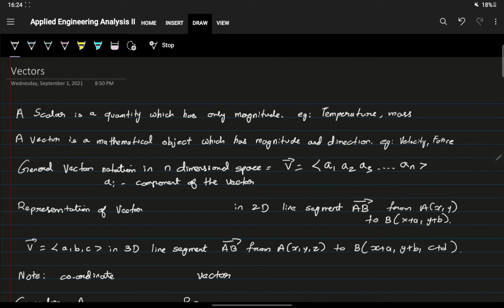where ai is called the component of the vector. And the representation of a vector in 2D space as a line segment going from A to B, from A as (x, y) to B as (x plus a, y plus b).